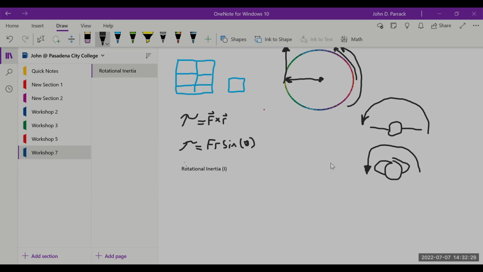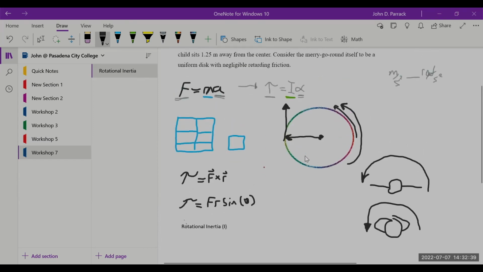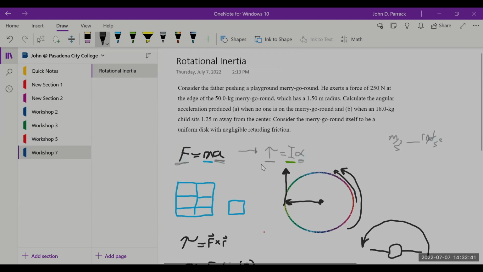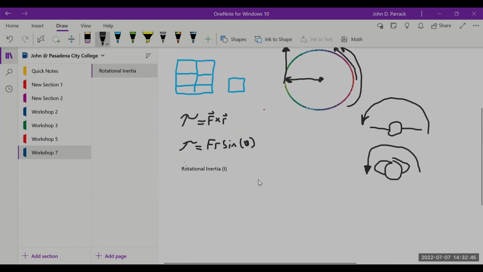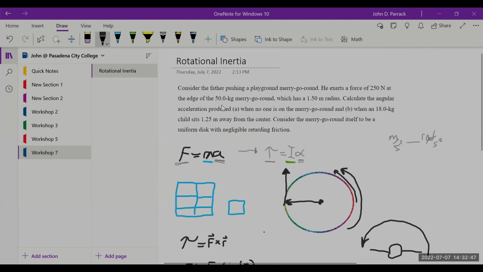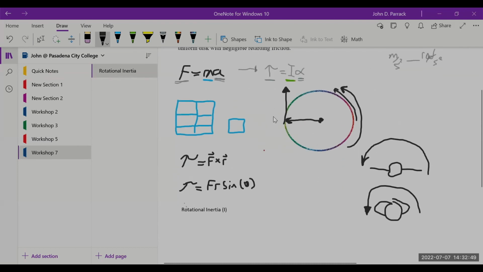This is true for things that roll and things that rotate in general. The tighter the mass is packed, the easier it is to get them spinning. Try to develop a good intuition for it, just like we did with F equals ma. Get comfortable with it, and then we can tackle these problems. I think they won't be too confusing once that's done.